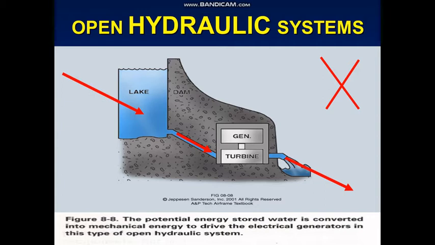That means the potential energy stored in this water is converted into mechanical energy to drive the electrical generator in this type of open hydraulic system, and the water will go outside.